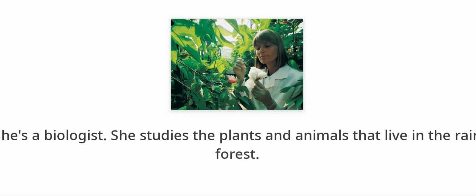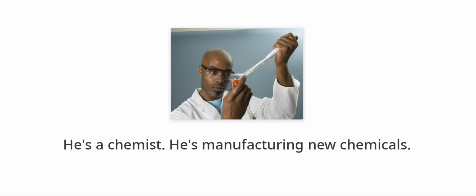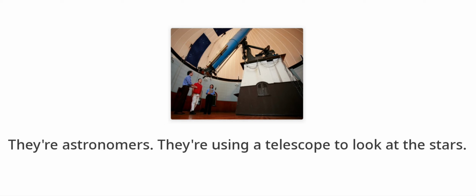She's a biologist. She studies the plants and animals that live in the rainforest. He's a chemist. He's manufacturing new chemicals. They're astronomers. They're using a telescope to look at the stars.